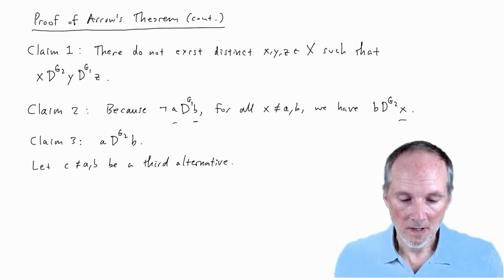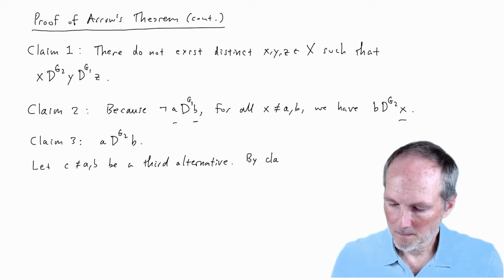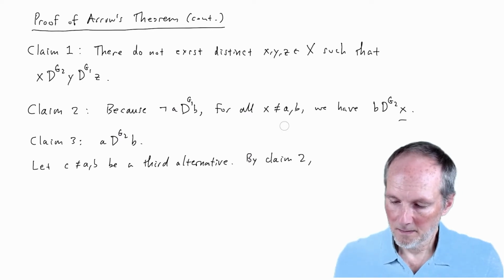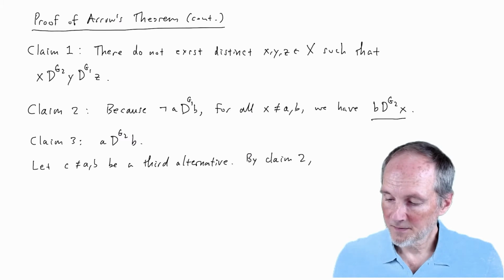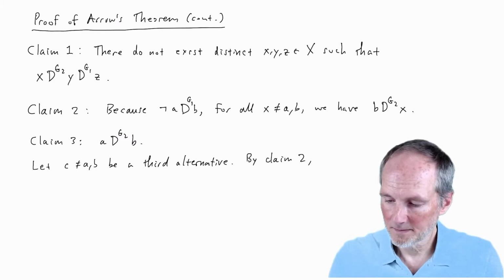Now, we know from claim 2 that G2 is decisive for B over any third alternative. So here's C, that's a third alternative.